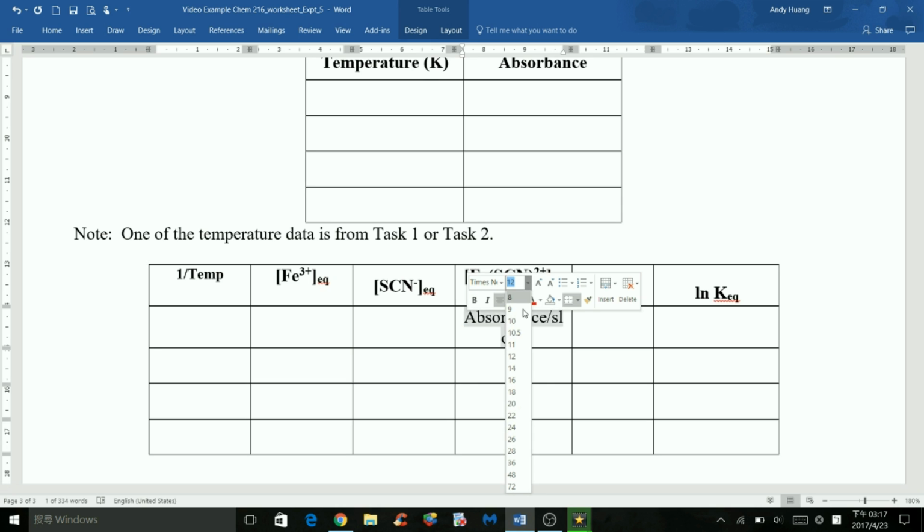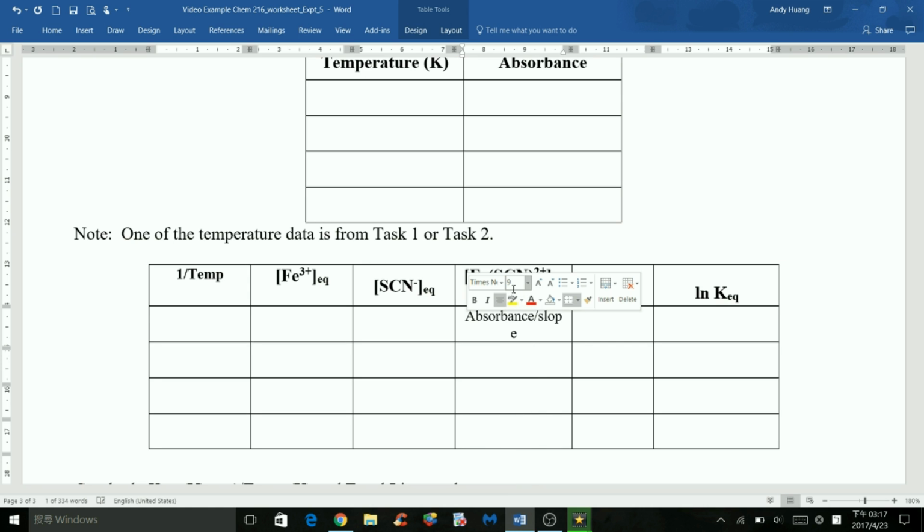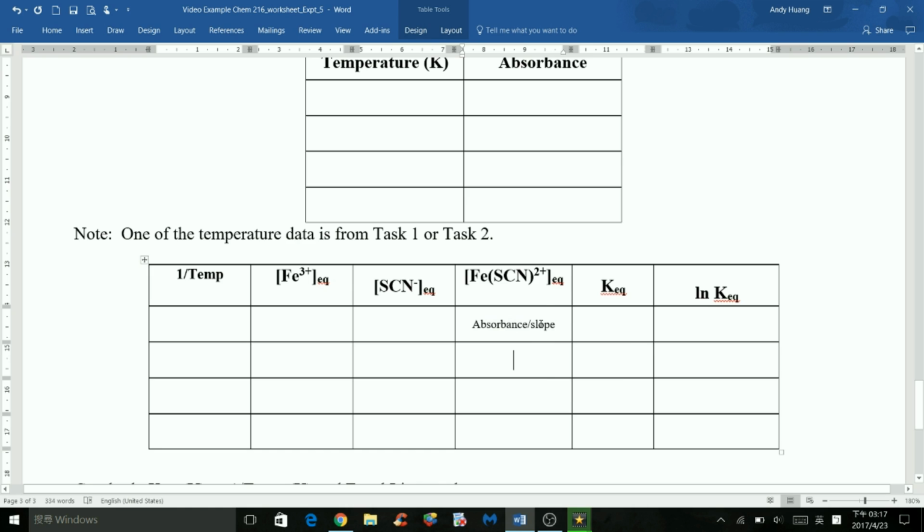And if you do that, you should be able to find the concentration of the complex at equilibrium. And again, if your slope from the graph is not between 4,000 to 8,000, use 5,000 instead for the slope.